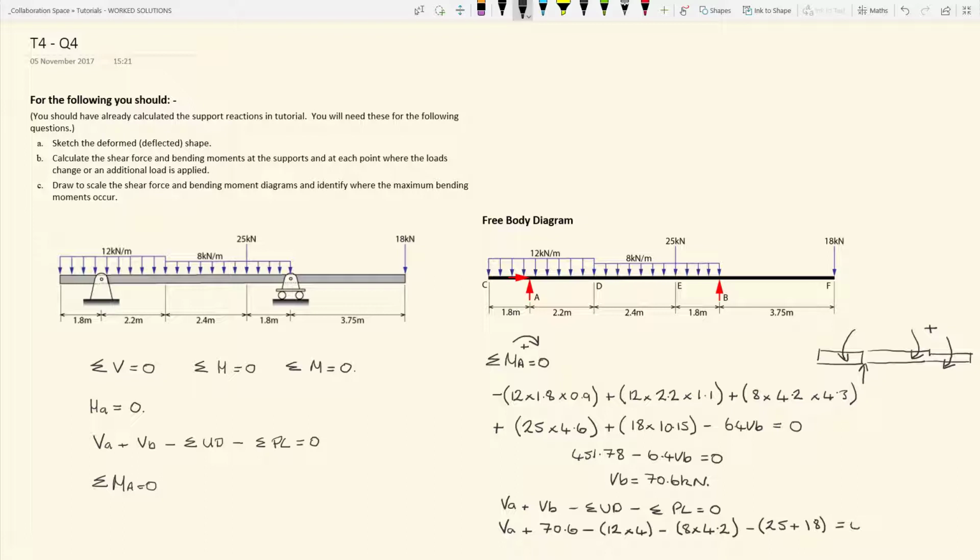And again that equals 0, and if we simplify that we end up with VA equals 54 kilonewtons.